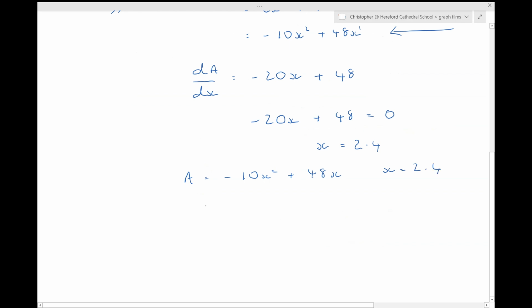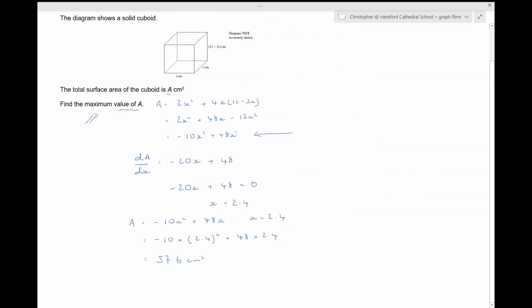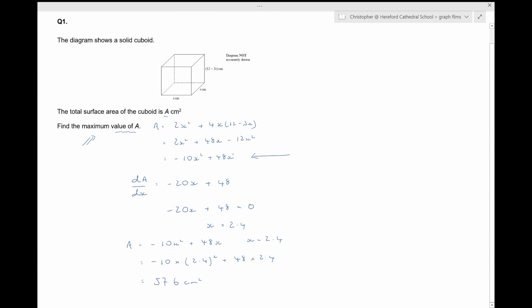So if I substitute 2.4 in here, let's show the examiner what I'm doing. Stick that into my calculator, I find that the maximum surface area is 57.6 square centimetres. And that is my solution for question 1.